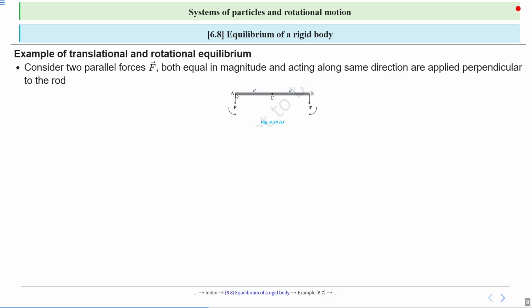At point A, the force acts vertically downward, and similarly at point B the force acts downward. So both forces are downward.